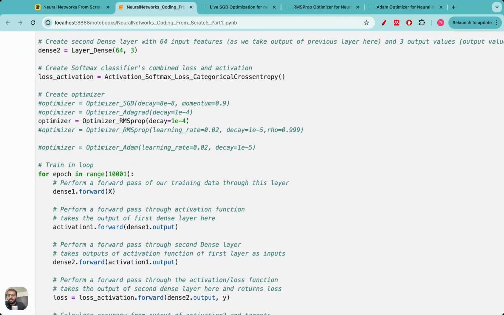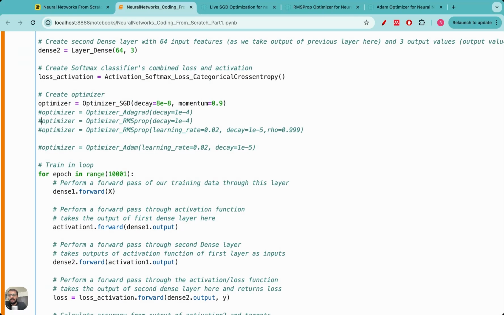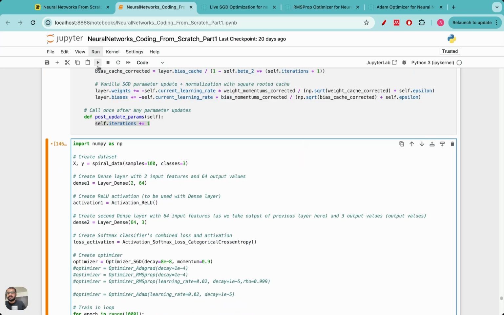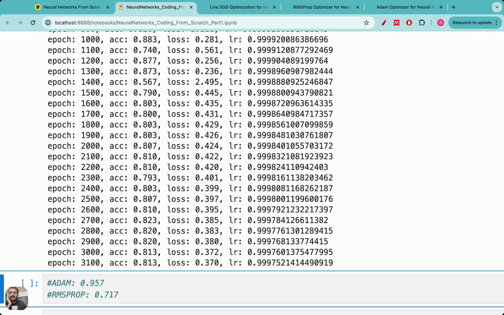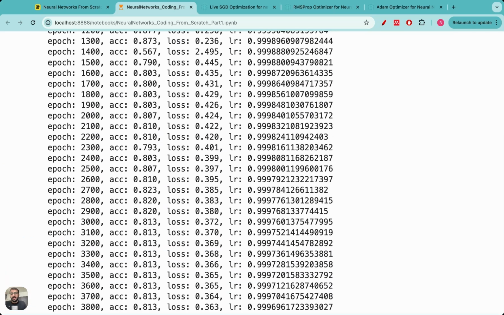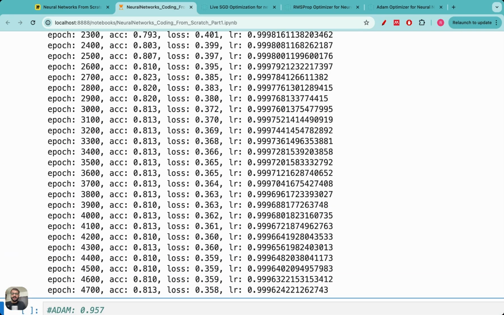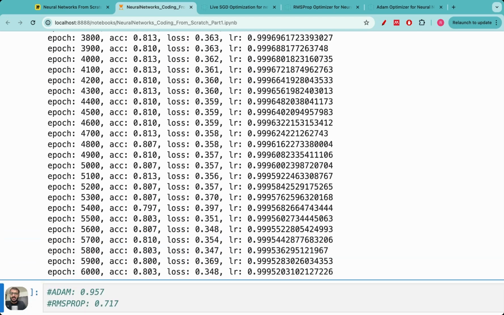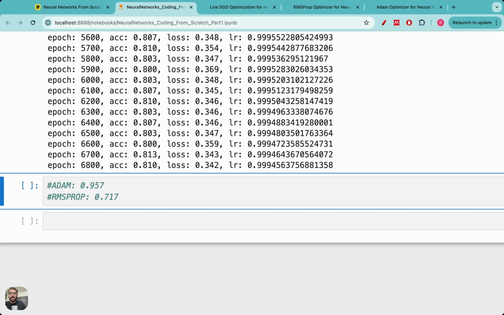Now let us try to see the accuracy for just the stochastic gradient descent with momentum. So this is with momentum, but we are not using the adaptive step sizes which are used in RMSProp and Adam. So let's run this right now. As you can see, I'm running the gradient descent with momentum, which just uses the momentum term in the numerator, but it does not use the cache term in the denominator.